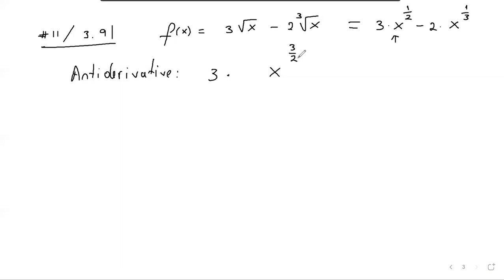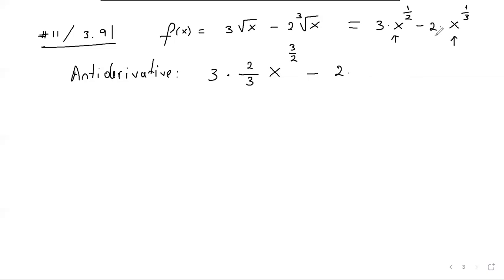And what I would have here is 1 over 3/2. But doing 1 over a fraction is the same as flipping the fraction. So I'm just going to say 2/3 instead of 1 over 3/2, minus 2 times, and then the cube root of x, which is x to the 1/3 here.